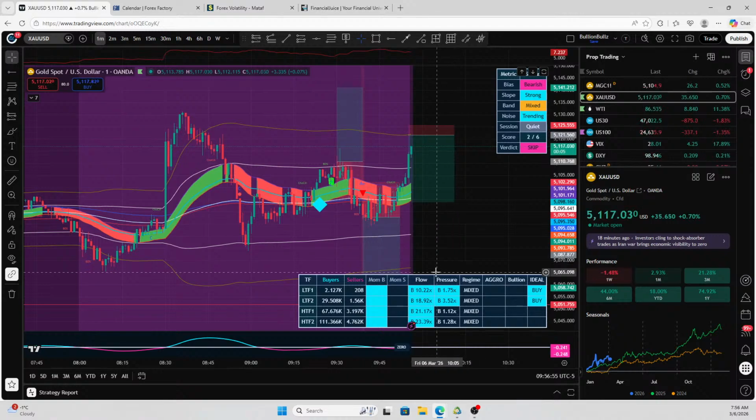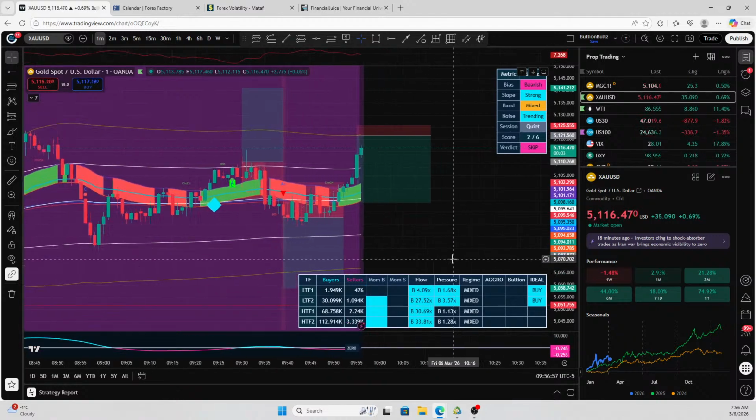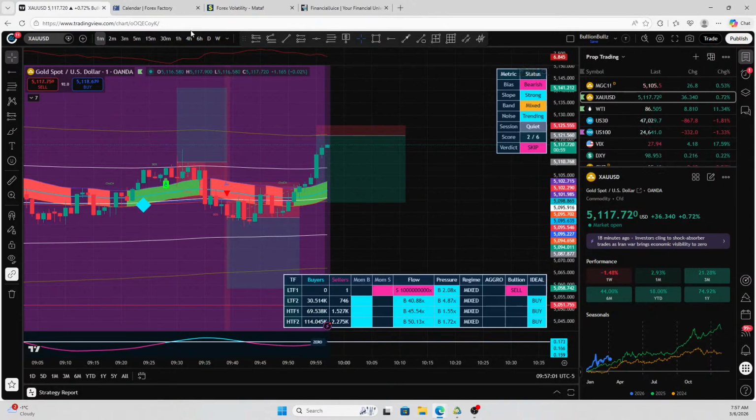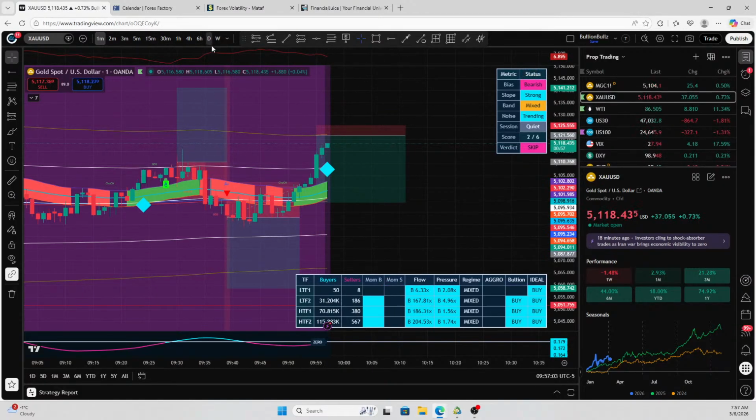Yeah, now we are trading it as a mean reversion day so far, right? We expect price to come back. If it's a mean reversion day, price has opened inside the daily candle.